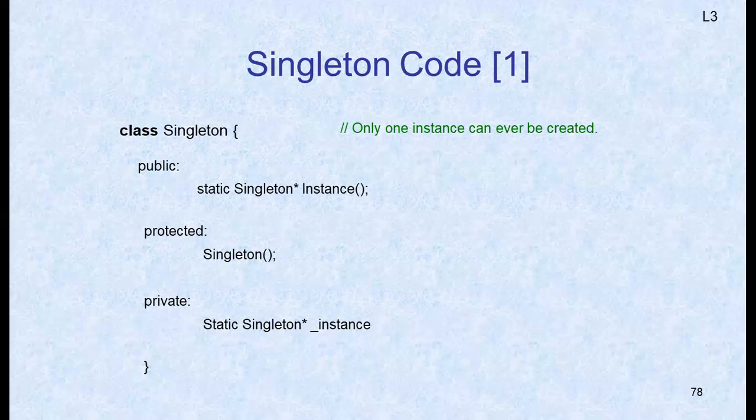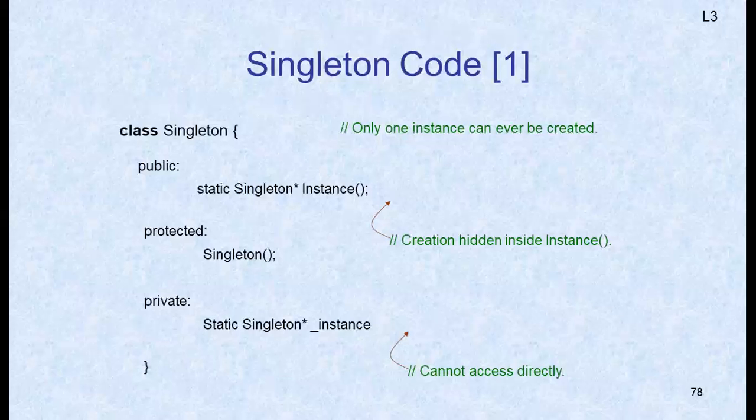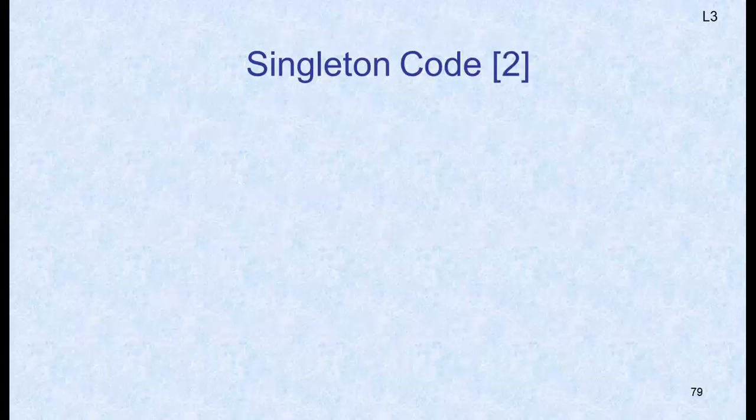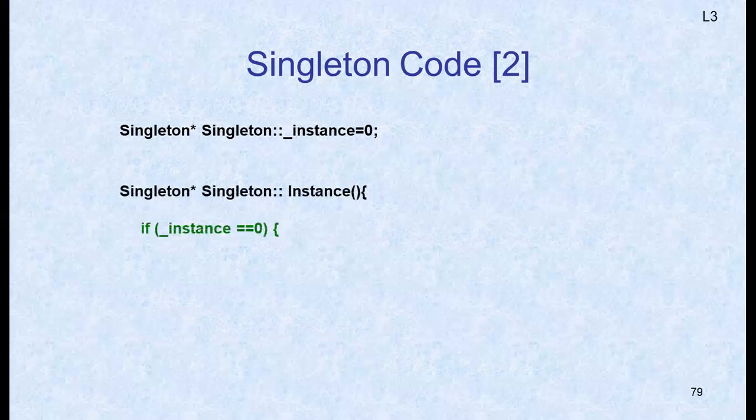So here the client accesses the singleton exclusively through the instance member function. The variable _instance is initialized to 0 and the static member function instance returns its value, which is initialized with the unique instance of it.